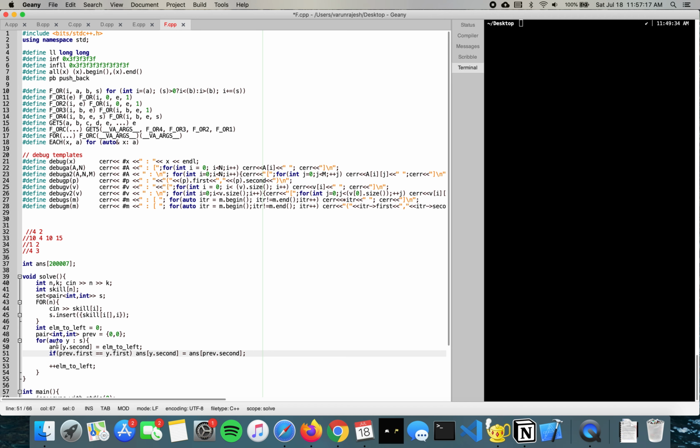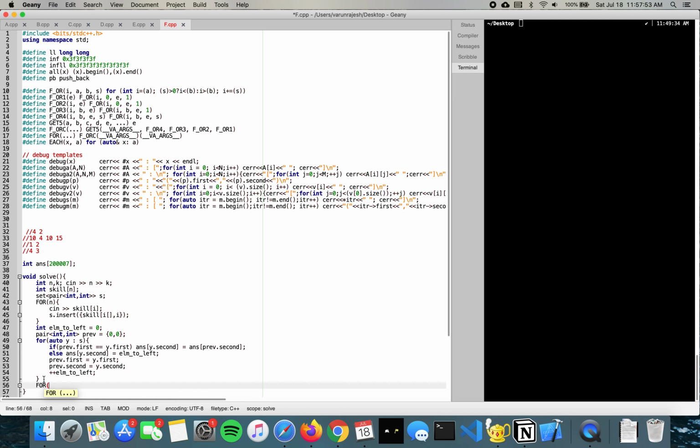So the number of mentees for both people of the same skill level should be the same. Otherwise we do this. That makes sense. And once we do this, we have to change previous to our current one. So previous dot first equals y dot first, and previous dot second equals y dot second. And then we increase the number of elements to our left. And I think, yeah, that should be right.